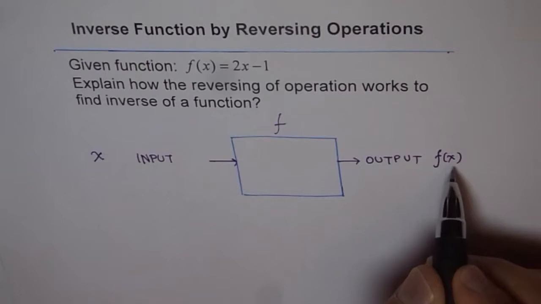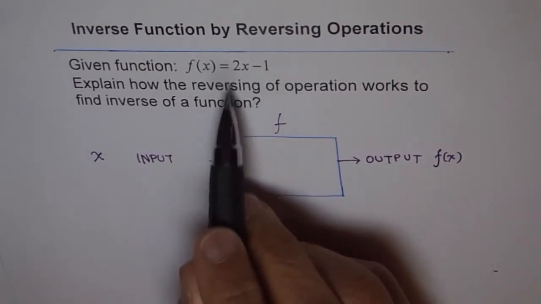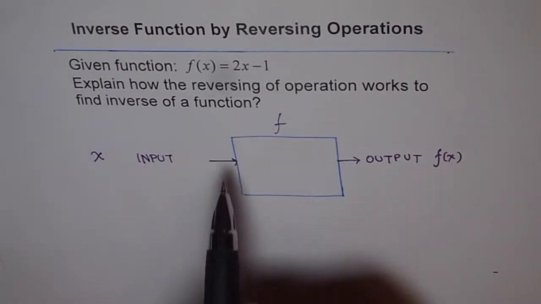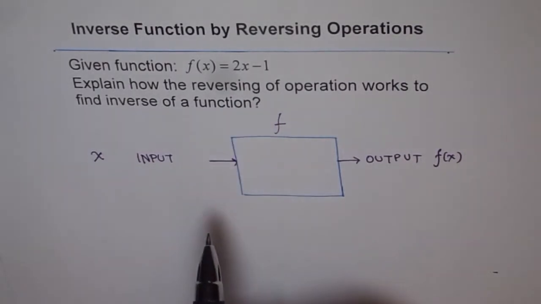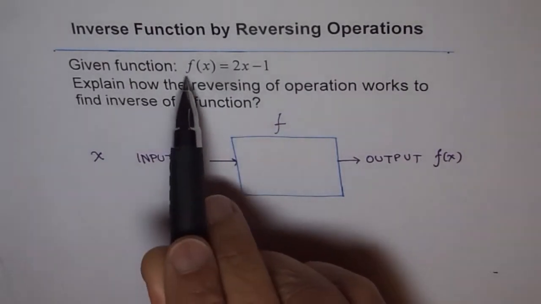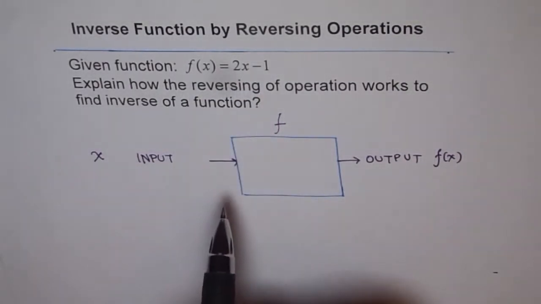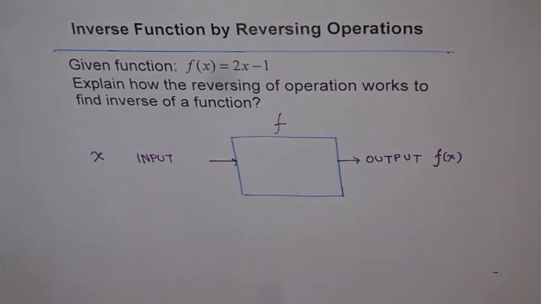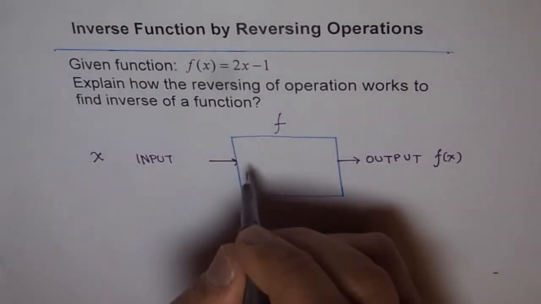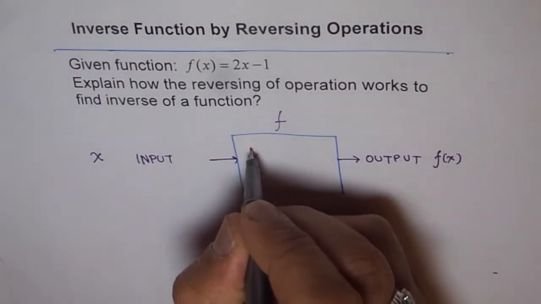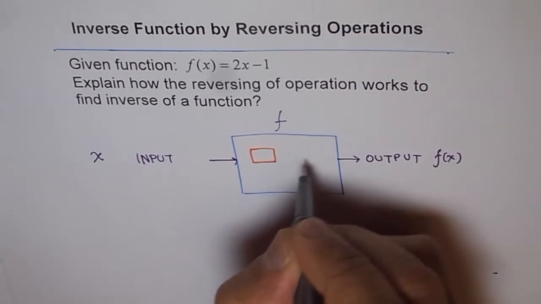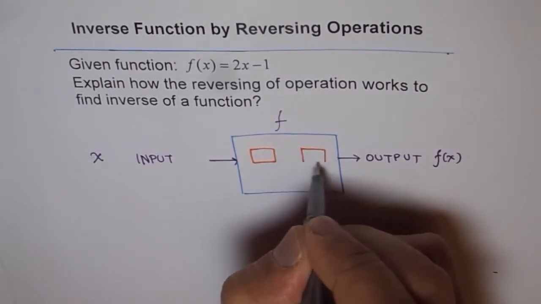Now f of x for us in this particular example has been defined as 2x minus 1. Now when we say f of x is 2x minus 1, it really means that when a function gets an input, then operations are performed on it. So in this case, two operations are performed. First operation is times 2, and the second operation is minus 1, right?